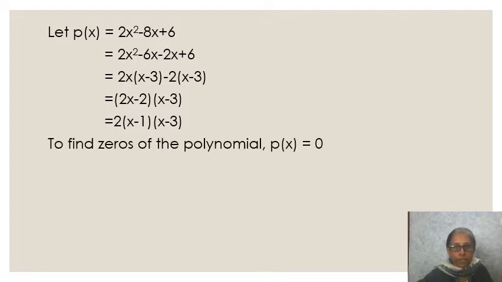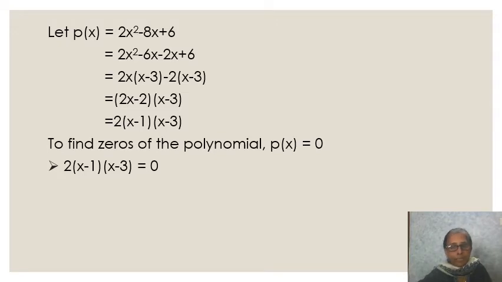Okay, now see, what is the zero of this polynomial? How do you find out? You know that to find the zero of a polynomial you have to equate it to 0. So we'll equate the given polynomial to 0. So you'll get it like this. Now here you have 2, x minus 1 and x minus 3. Here 2 cannot be equal to 0.